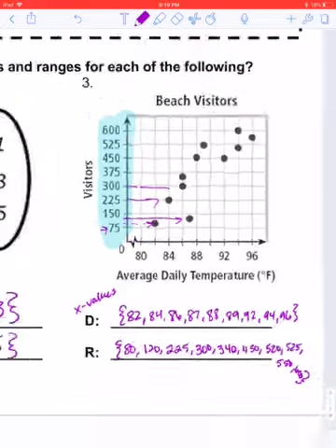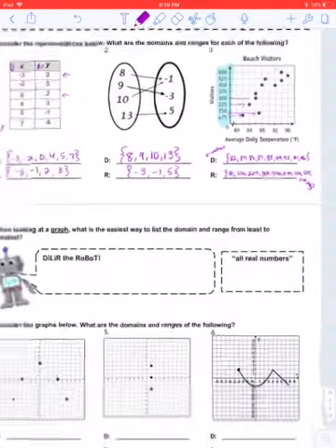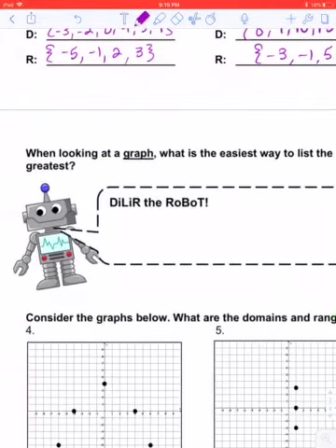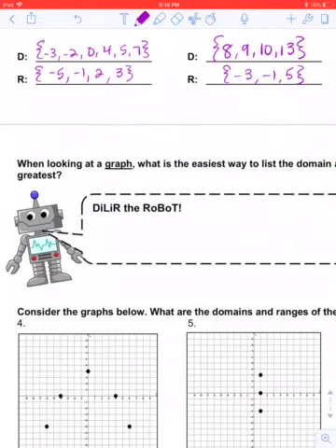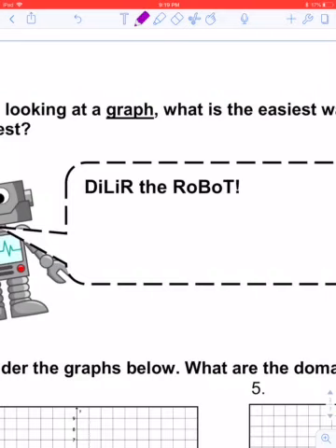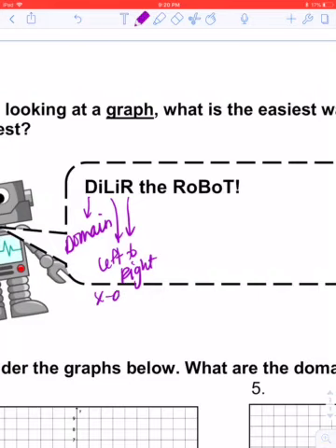So to recap what I just did, when looking at a graph, what is the easiest way to list the domain and range from least to greatest? We're going to follow Diller the robot. He's going to be our inspiration anytime we have a graph. What that stands for is D is domain, and it is done from left to right. So what I did is I focused my eyes on the x-axis and moved from left to right.